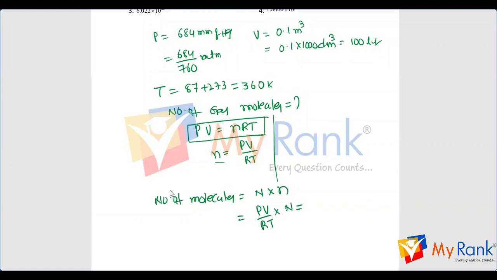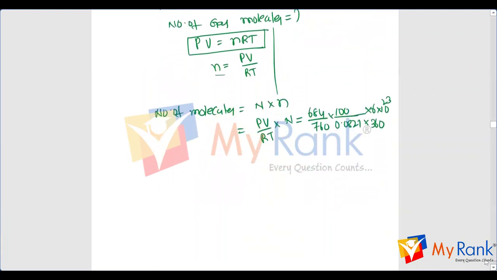The pressure here is 684 divided by 760, the volume is 100 liters, R is 0.0821 liter atmosphere, the temperature is 360, and Avogadro number is 6 into 10 power 23.